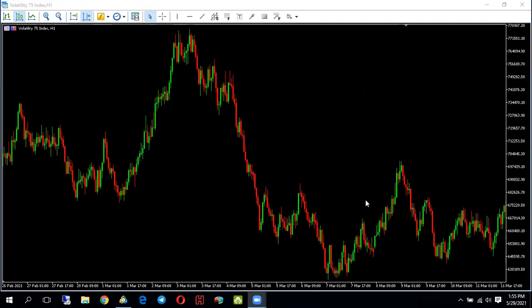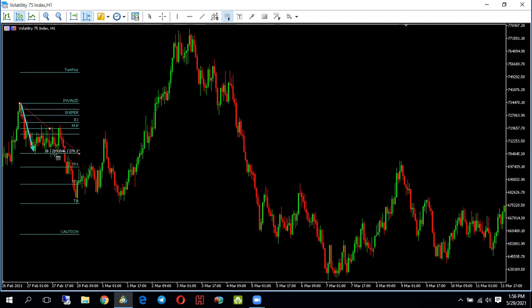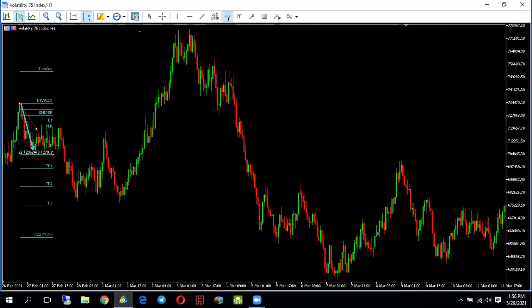Good. I just did. Nice. So first of all, I'm going to start from this area. We had this impulse, so I'm going to measure that impulse with my Fibonacci tool.